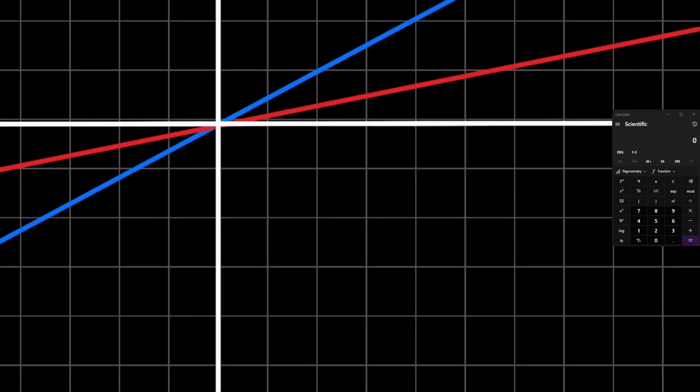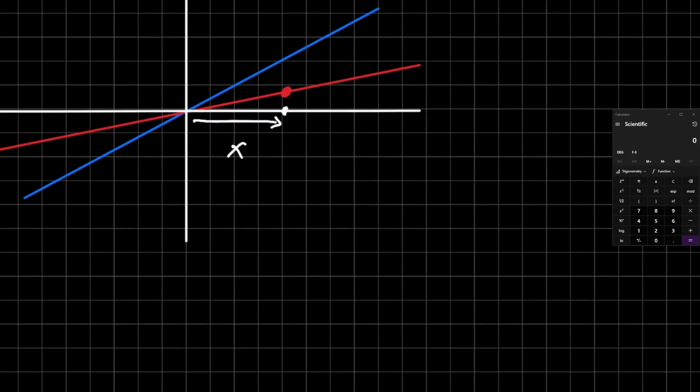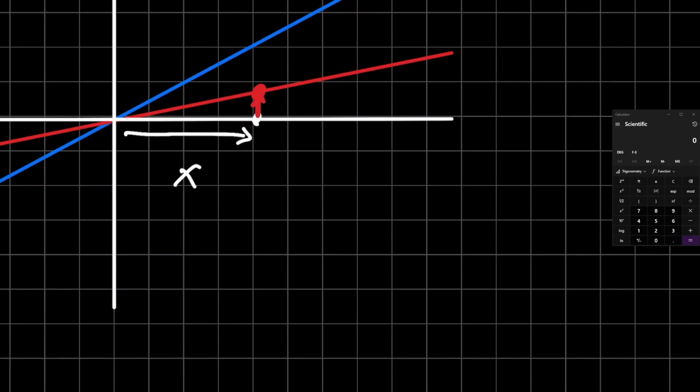Maybe that'll help. There we go. Okay. So what I want to do is I want to choose a particular x. We have two lines, one independent variable, two different positions. So this would be my x right there. And here I have a y1. And I also have a y2.